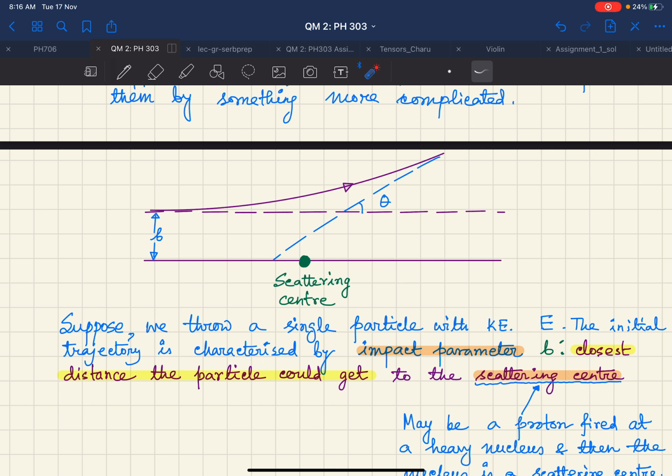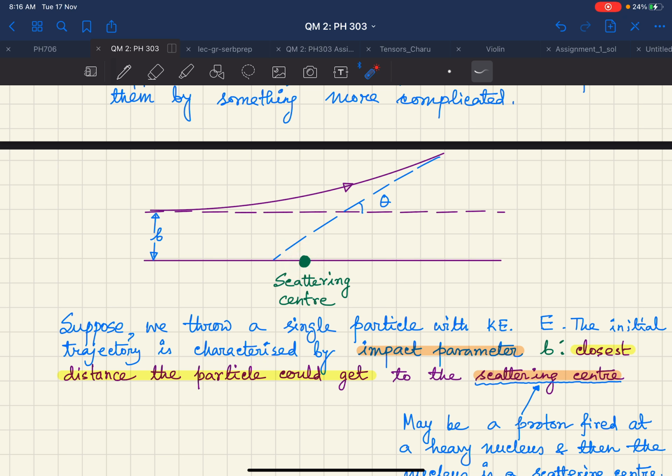And we will assume that a beam of particles is basically incident on the fixed source of force. So this fixed scattering center, a charged particle, can be this one, and the trajectories of the particles change due to the force experienced by these particles because of the presence of this scattering center.